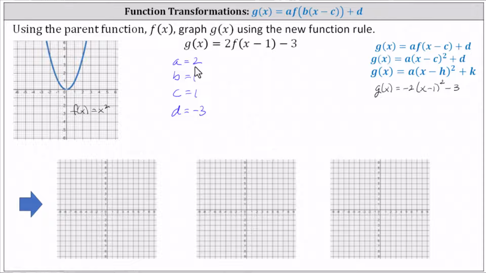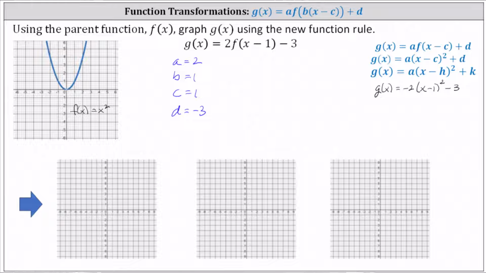Recall a equals positive 2 indicates a vertical stretch by a factor of 2. B equals 1 indicates there is no horizontal stretch or compression, and therefore b does not affect the transformation. C equals positive 1, which indicates a horizontal shift of right 1 unit, and d equals negative 3 indicates a vertical shift down 3 units.